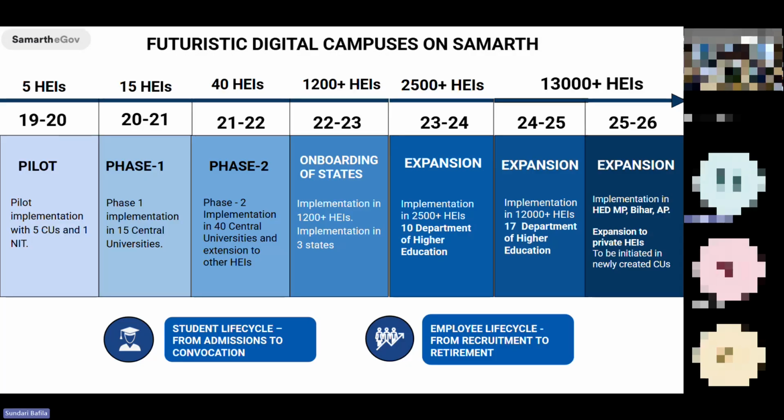Currently, Samarth has expanded to more than 13,000 institutions across India, including around 22 higher education departments. Out of these, 17 are already onboarded, while a few states like Bihar and Andhra Pradesh are still in the implementation stage. Overall, Samarth provides multiple modules that cover the complete student lifecycle journey, starting from admission, along with employee management, finances, and other important university processes.